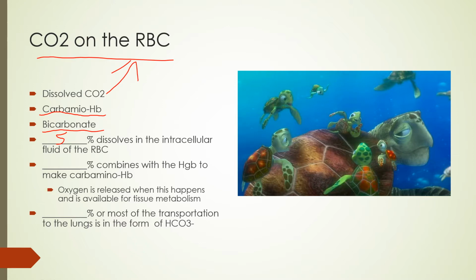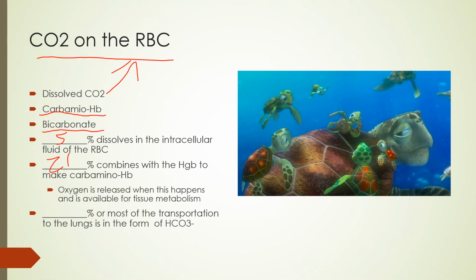So when we're looking at the next one here, 21% will combine with the hemoglobin to make what's called carbaminohemoglobin. Remember, we talked about carboxyhemoglobin being hemoglobin that has carbon monoxide. Carbamino is hemoglobin that has CO2 attached to it.